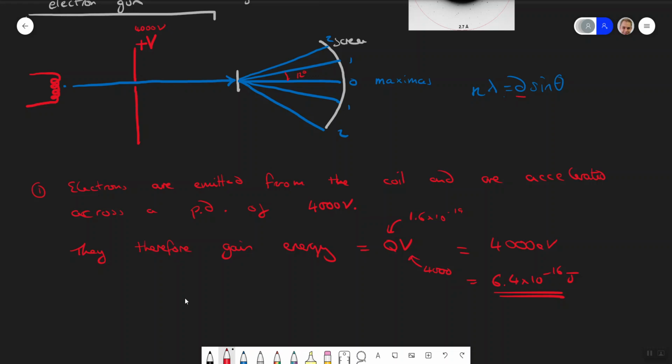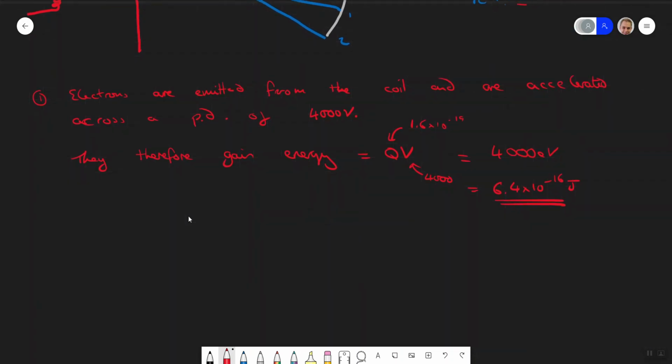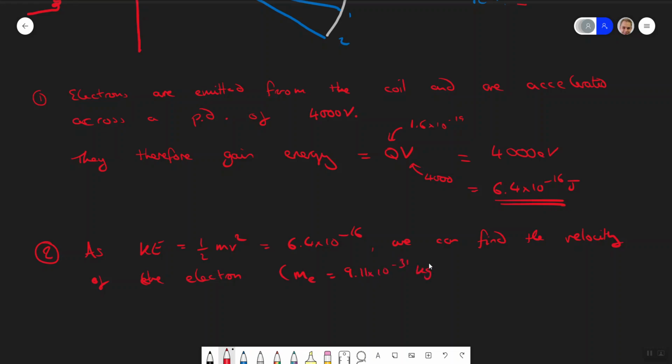So we can then use the kinetic energy, which equals a half mv squared, which will also equal 6.4 times 10 to the minus 16, to find the velocity of the electron, as the mass of an electron is 9.11 times 10 to the minus 31 kilograms.